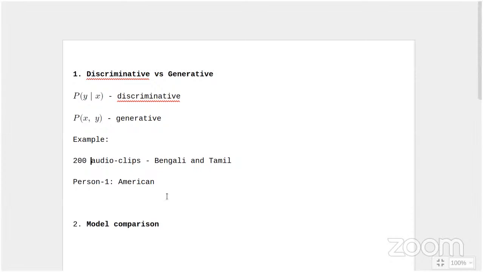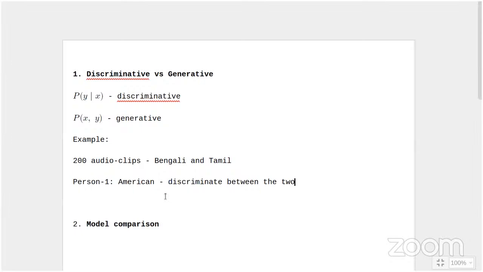Chances are that as this person listens to a lot of Bengali clips and a lot of Tamil clips, he will kind of learn to discriminate between the two, right? Without actually knowing either Bengali or Tamil. So do you all agree to this proposition? Do you think this is possible?